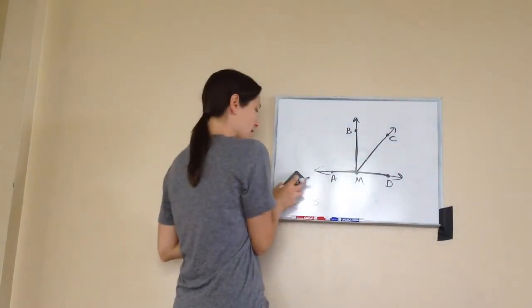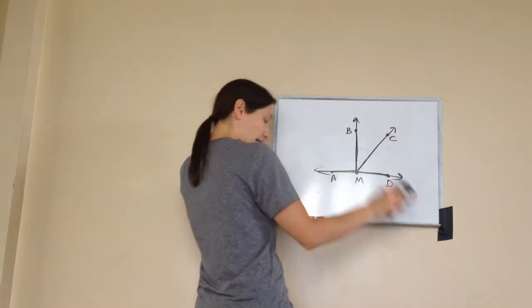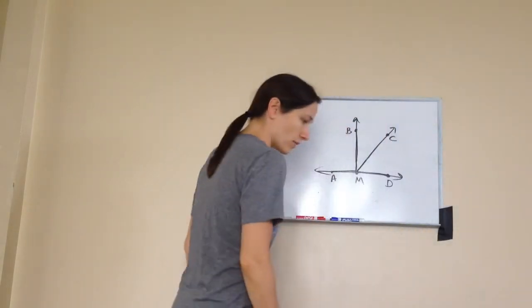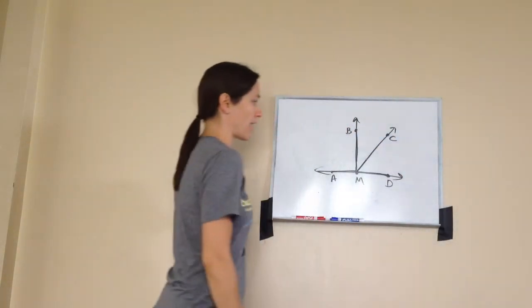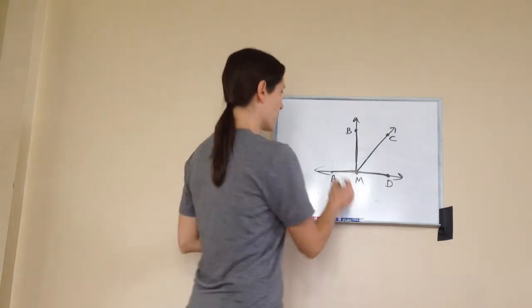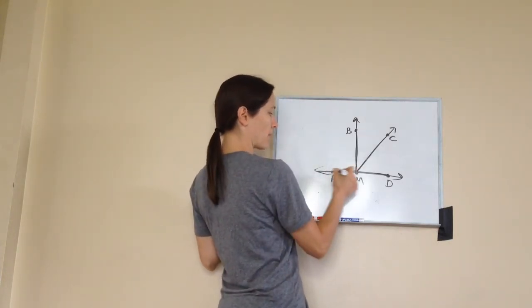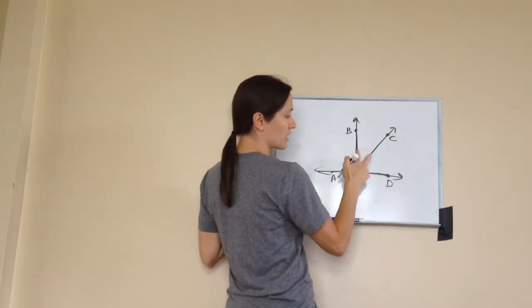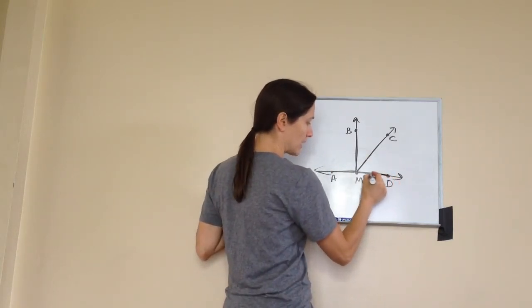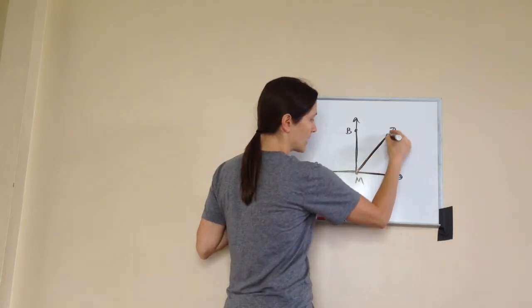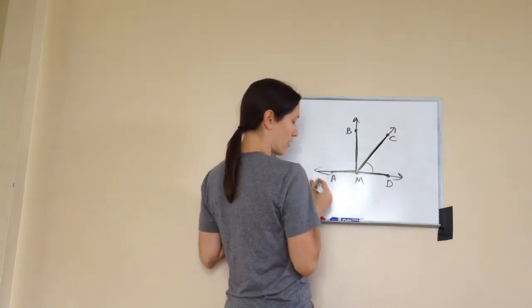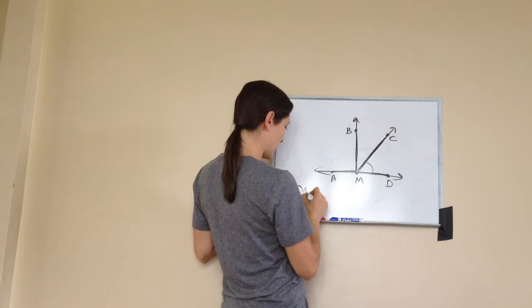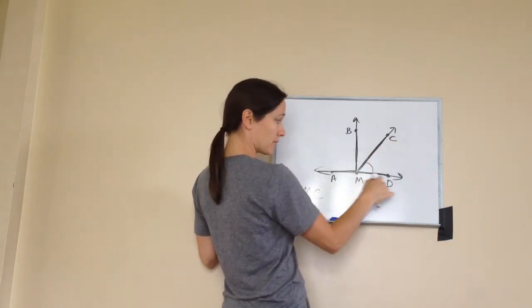All right, and then what's left is an acute angle. And there happen to be two acute angles. It would not be AMB because that's a perfect 90 degrees. We're wanting something less than. So hopefully you see two of them. This one right here, DMC. You see that small one right there? So we would label that DMC or even CMD.